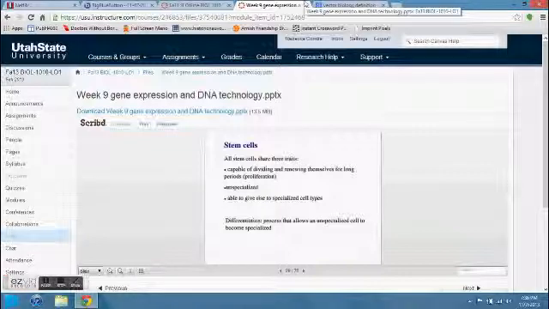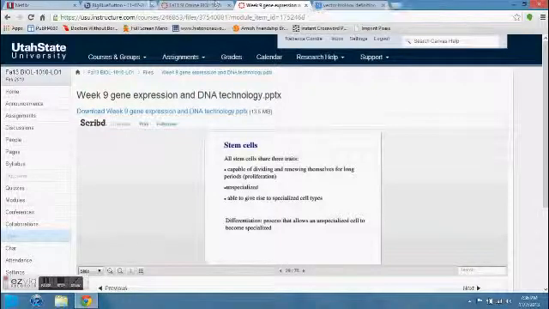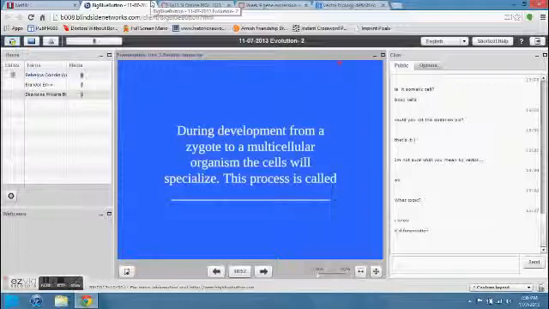It's on slide 29, or in the textbook. I didn't know if a zygote is a stem cell. A zygote. Yep, differentiation. You're right, Shivani. A zygote is a fertilized egg.